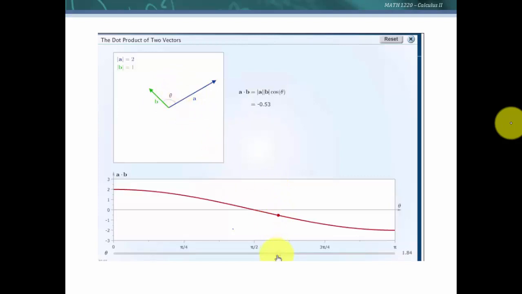And so a negative dot product when we dot two vectors lets us know that the angle between them is obtuse. And the more negative this is, the larger the angle here. So now we started at 2 when they were parallel to each other, going in the same direction, and now when they are going in opposite directions, we see that we have negative 2.